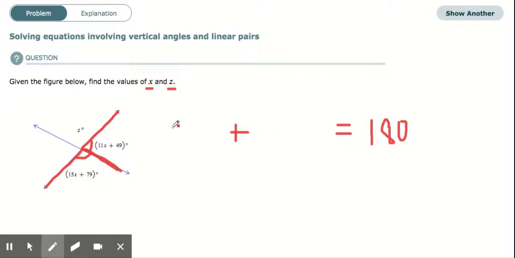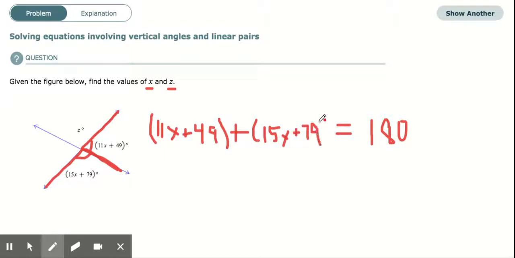In this case, 11x plus 49 plus this angle, 15x, plus 79 equals 180. So let's go ahead and combine like terms.